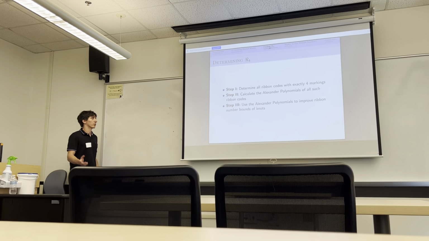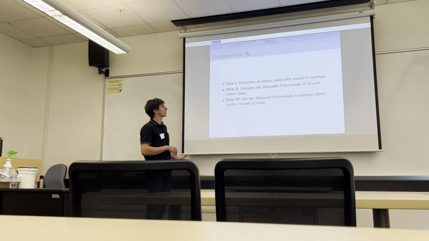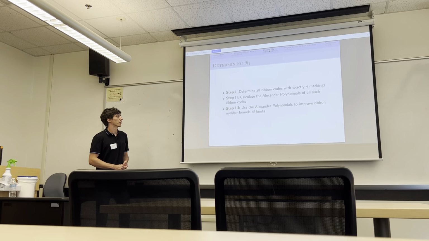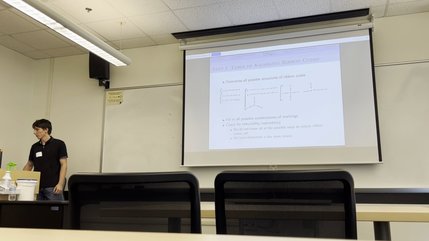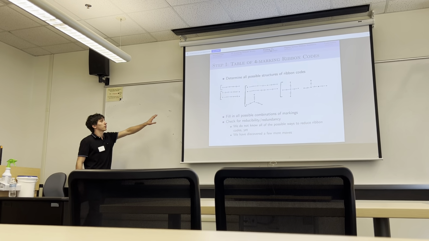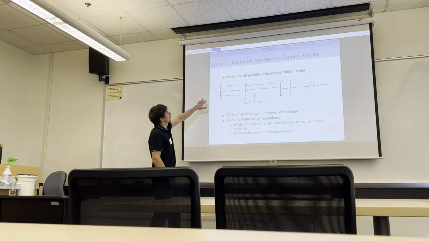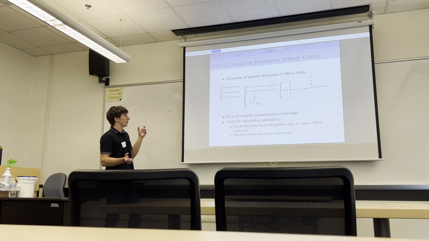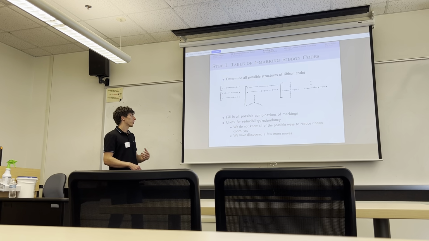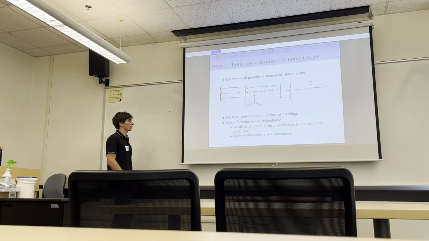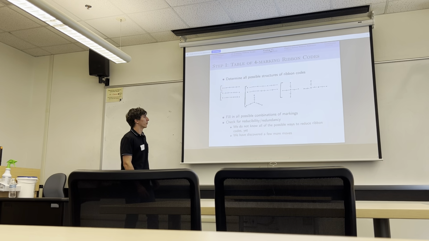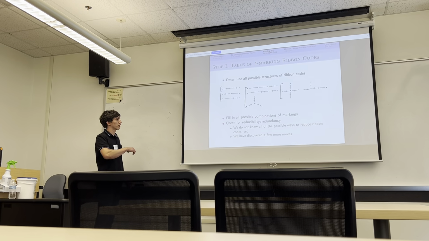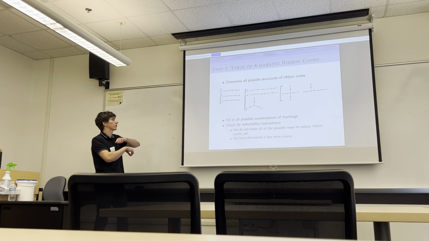And so how we ended up finding R4 was we determined all ribbon codes with exactly 4 markings, and we calculated the Alexander polynomials of all these codes, and then we used these polynomials to improve the lower bounds of these ribbon knots. So we write out all our tree diagrams with 4 markings, and we consider all the possible combinations we can use, so a little more of a combinatorial problem, and then we check for reducibility and redundancy, because you can do these up to symmetries like rotational and moving around in 3-space.